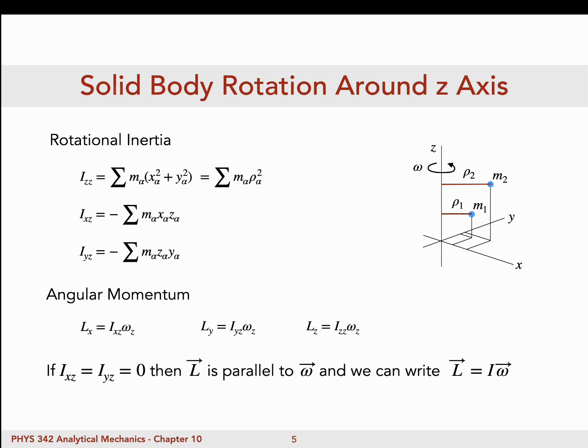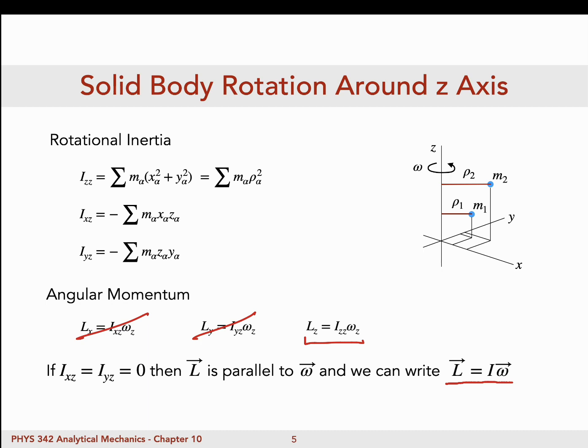So one question to ask is, when can we write down this expression that we're used to from physics 203, that the angular momentum is simply proportional to the angular velocity, with a constant being the rotational inertia? We want to keep this term, but we want both of these terms to go away in order for that expression to be true.